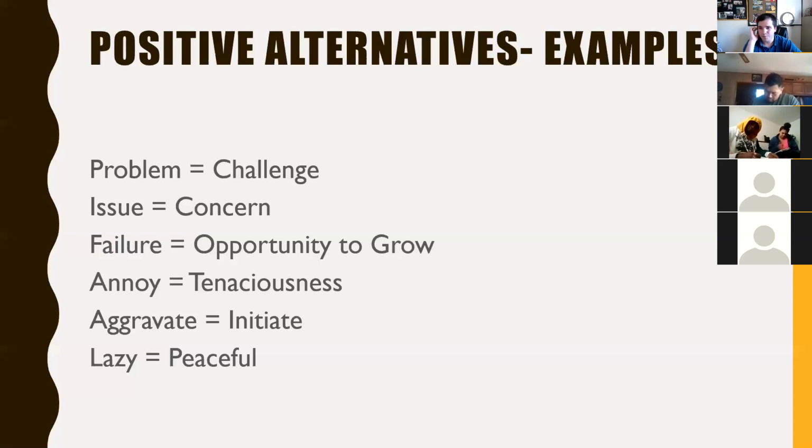But usually the people who are aggravating are putting things into motion. They've got that leadership ability to initiate things. Some people say laziness, but a way to get through that is peacefulness. It can be a peaceful person that doesn't have to feel rushed or anxious.